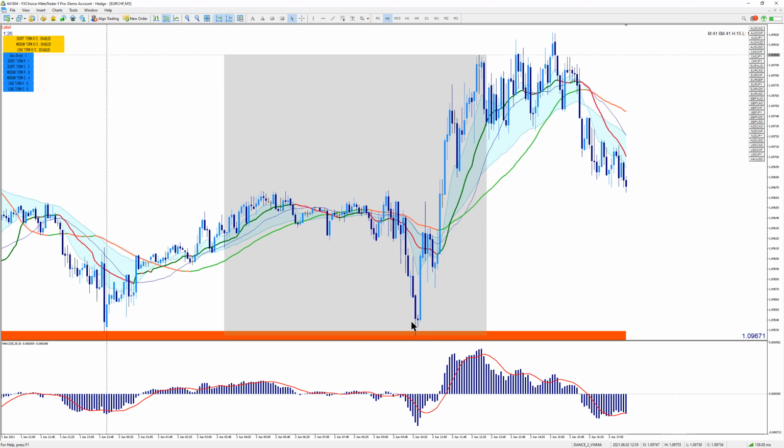So if you look down here, this low here was at what time? This is the thing about MetaTrader. I just tracked 7 hours, so I can't really see that. I don't see the time.